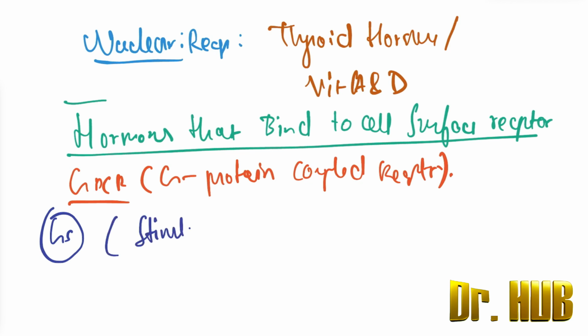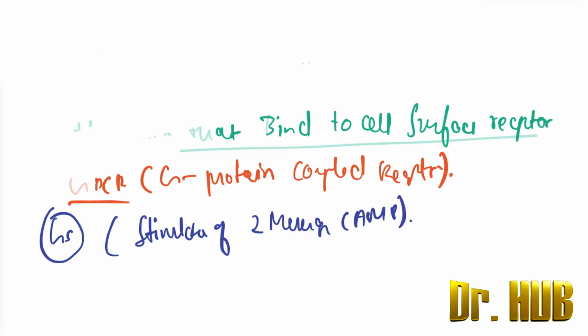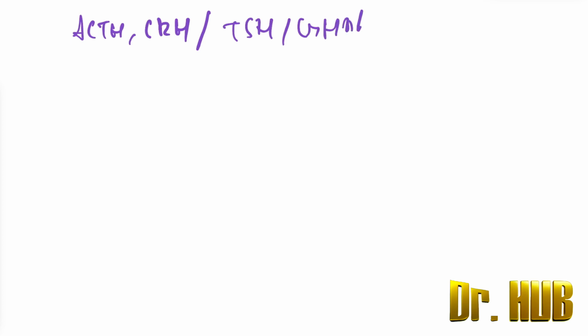So it is the stimulation of the second messenger, the second messenger cAMP. What is included here? It includes ACTH, CRH, then TSH, GHRH.